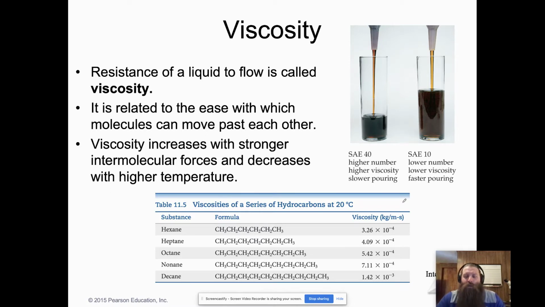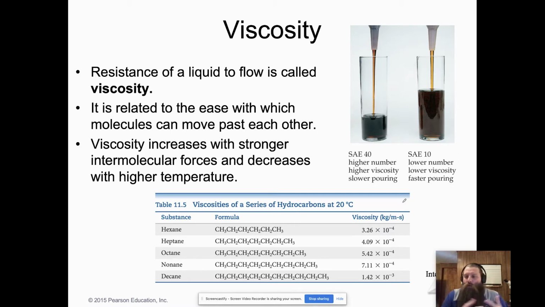Now, viscosity increases with stronger intermolecular forces. And that makes sense, right? The greater the intermolecular force, the harder it is for the molecules to slide past each other, right? Viscosity is also going to decrease as temperature increases, because as the temperature increases, the kinetic energy of the molecules starts to overcome that force of attraction.